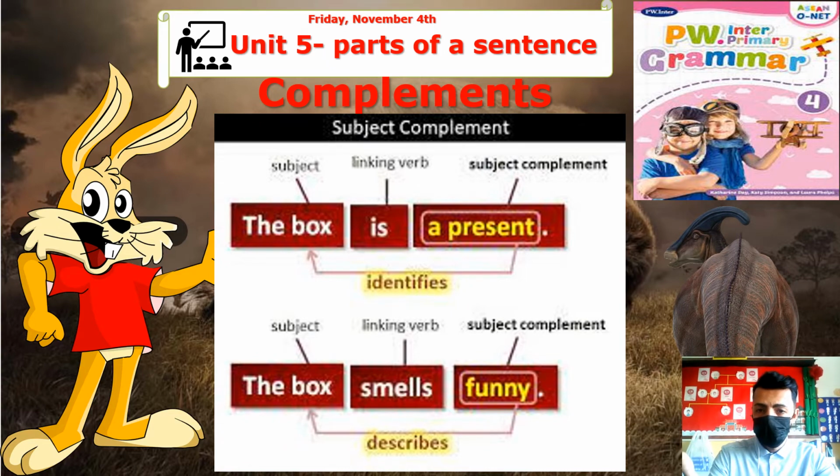The first complement is a noun, the second complement is an adjective. Funny describes the box. So we understand now, complements help us to complete incomplete sentences and also give us more information about the subject.